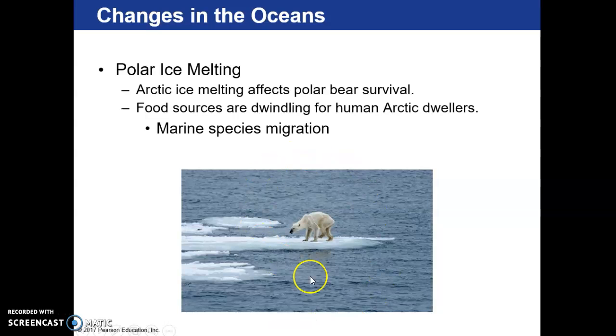And then also they're starving because their food sources are dwindling and migrating to other locations. Remember that if they are not able to handle that temperature variation, they have to go elsewhere that is in their sweet spot of temperature. So we have their food sources that are migrating elsewhere to find their ideal temperature range.